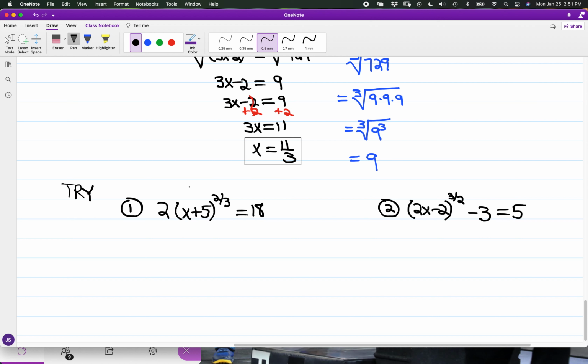Now we're looking at solving for x in each of these items, and first of all we have 2 times the quantity of x plus 5 raised to the 2/3 is equal to 18. Now what I can do is isolate x plus 5 to the 2/3 by dividing by 2 on both sides.